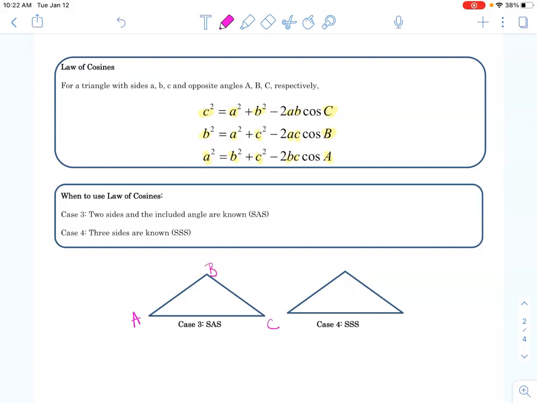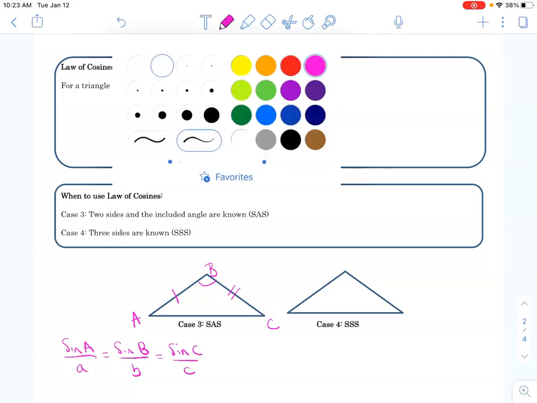And it doesn't say which side, but it gives me a side, it gives me an angle, and it gives me another side. So that is not the ambiguous case because my angle's between the two sides. So if I go ahead and I start setting up my law of sines, when I look at what's given to me, I'm going to change colors.